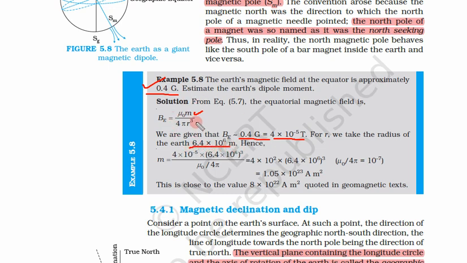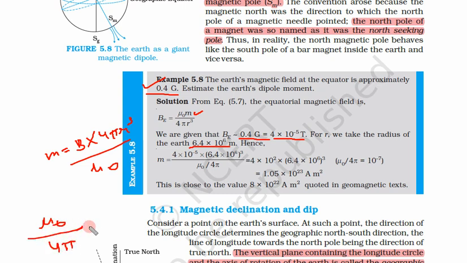Now let us put all these values. So what would be the formula of M? M is equal to B into 4 pi R cube upon mu naught. And you know this mu naught upon 4 pi is equal to 10 to power minus 7.